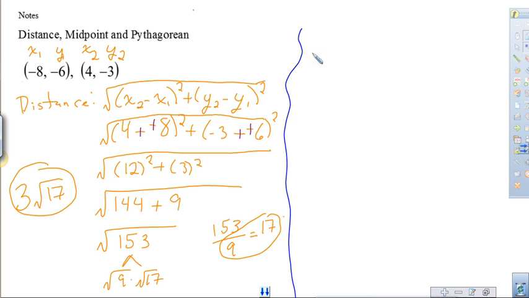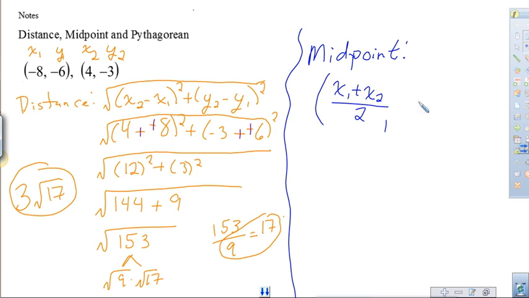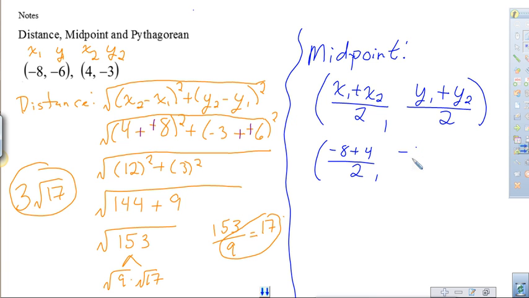When it comes to midpoint, we were just finding the middle of these. When you're finding the middle of two numbers, what are you doing? You're averaging. So you're taking your x values, you're averaging them, there's 2 of them. You're taking your y values and averaging them, right? That's all you're doing. So I have negative 8 plus 4 divided by 2. And I have negative 6 plus negative 3 divided by 2.